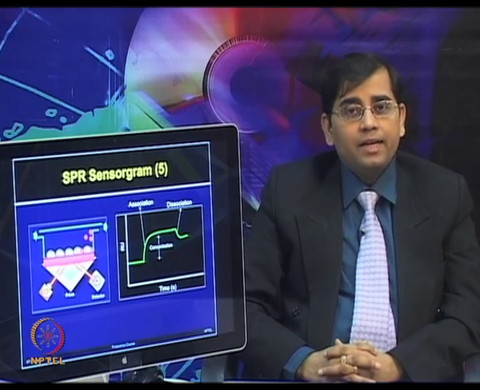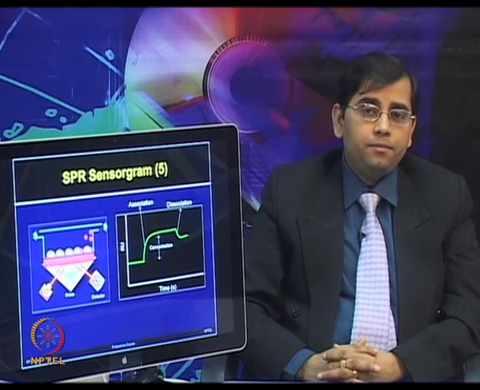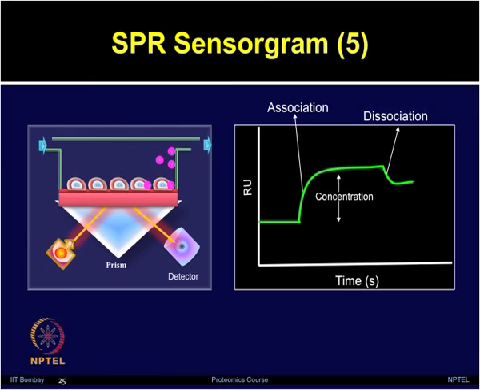Now, in the SPR sensorgram, when running buffer is further injected, the bound proteins are dissociated, which is known as dissociation rate, K off or K small d. As shown here, initially you can obtain a straight baseline followed by association and then dissociation, which you can see in the right panel of the graph.